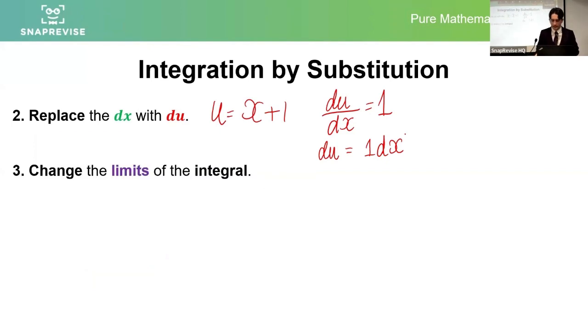We also need to change the limits because they were x bounds. So remember, u is equal to x plus 1, and the x bounds we were given were 2 and 0. So we're just going to add 1 to both of them.